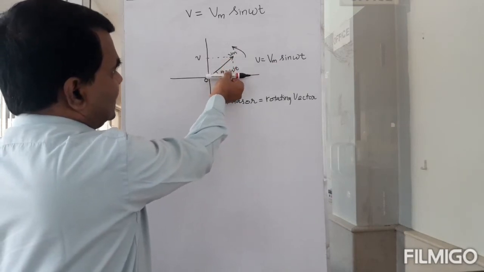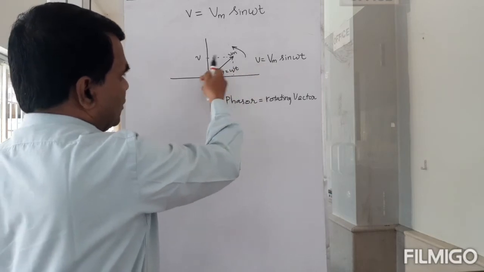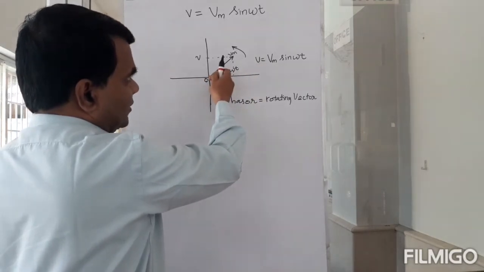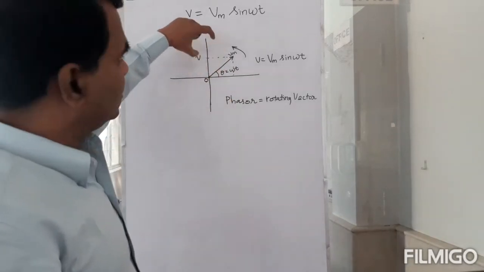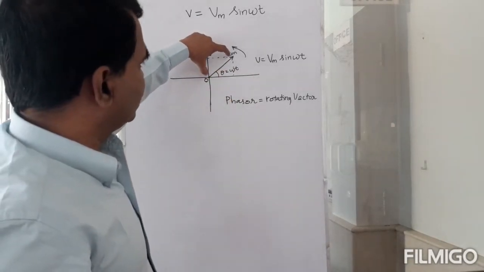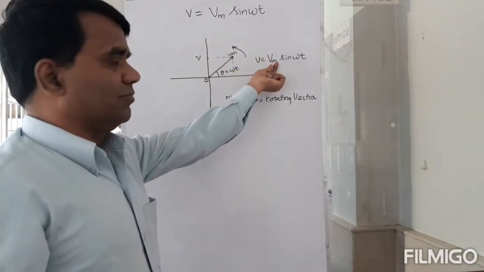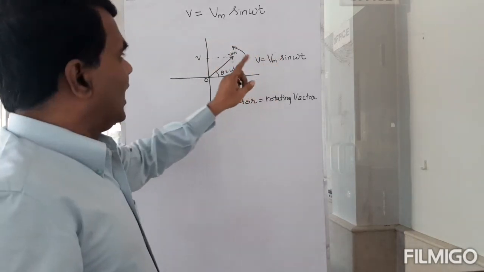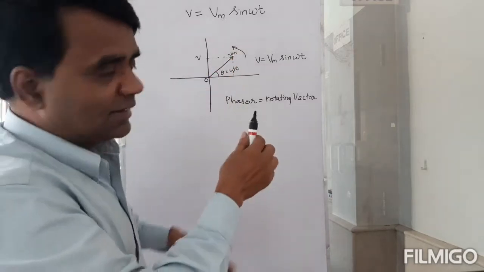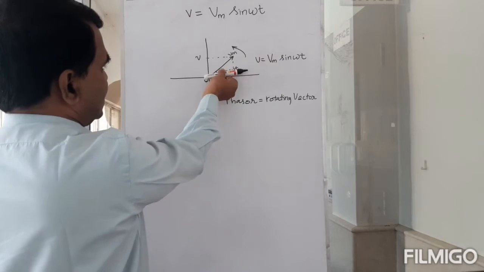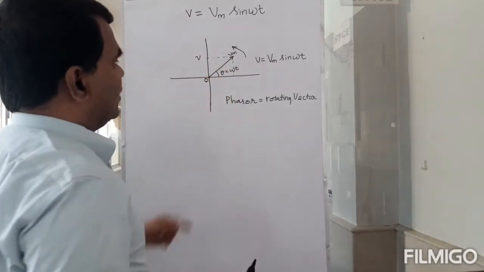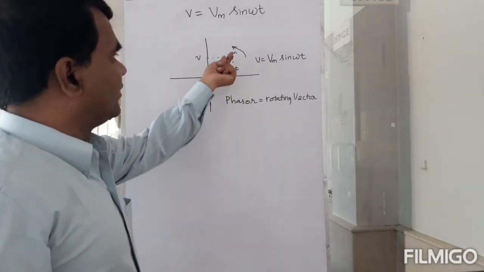And when it is here, at time equal to 0, the projection on the y-axis is 0. So the magnitude of this vector is Vm. And this is not a vector at one place. This is actually a rotating vector. So this keeps rotating like that. So you call this a phasor.